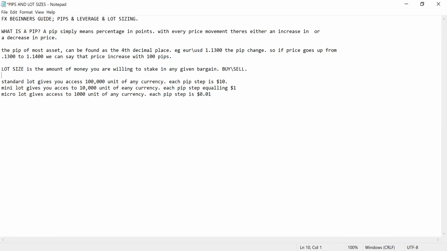Taking a standard lot, if price gives you a 10 pip movement in your direction when you have one standard lot, that means you'll be making $10 times 10, which should give you $100. Yes, and that is basically how you calculate.